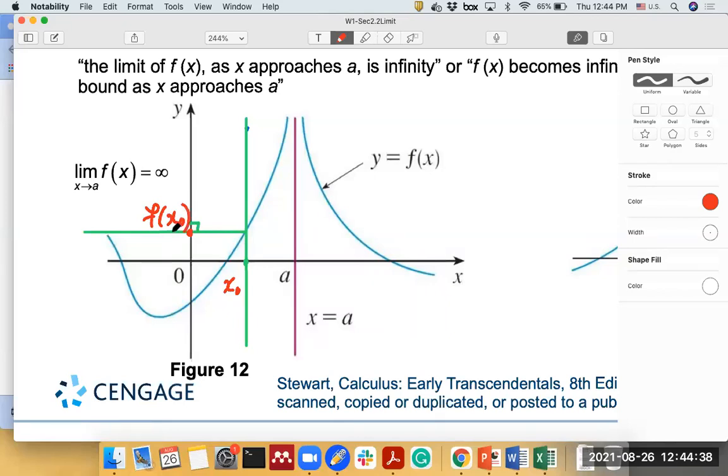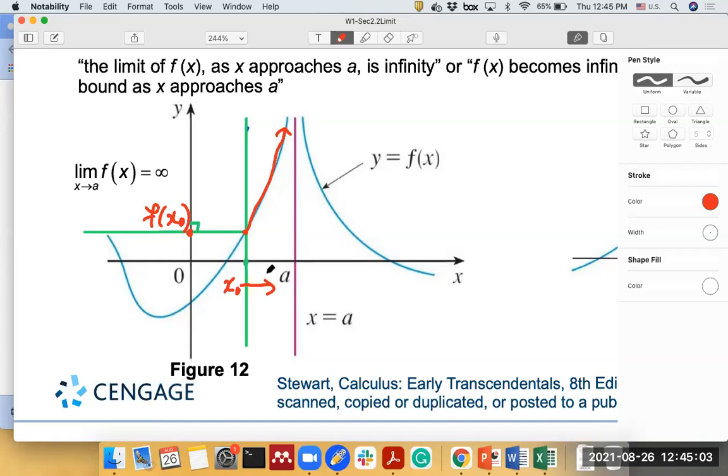Do you agree? Then we wonder if this x0 moves and approaches a, how does this behave, where does it go, right? And according to the graph, it will go from here to here as x0 approaches a, right? This is a limit of the function.